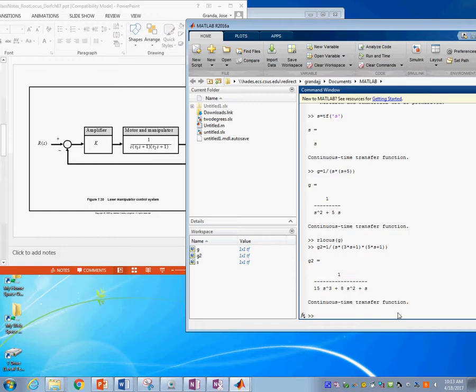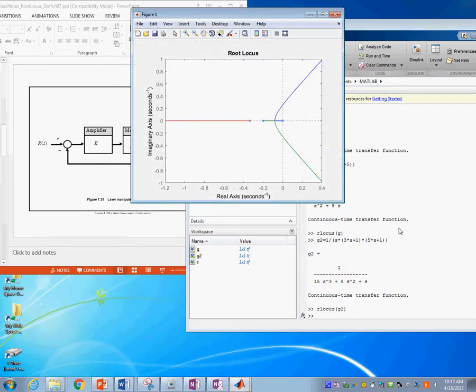And what we are going to do this time is, let's get rid of the first plot that we had, and now we are going to say rlocus of the transfer function G2, like that. And let's see where that leads us. Wonderful. Do you see?